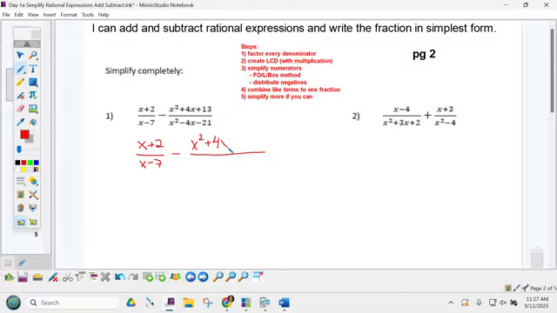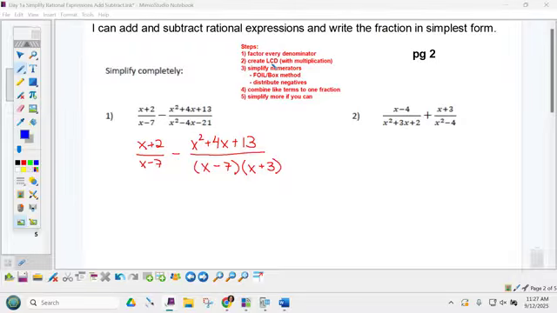So rewrite my numerator. Okay, for the denominator, I'm thinking what multiplies to -21 that adds to -4. So multiply to 21 would be 7 times 3. And to add to -4, you've got -7 plus 3.